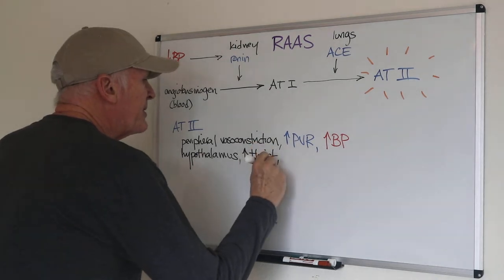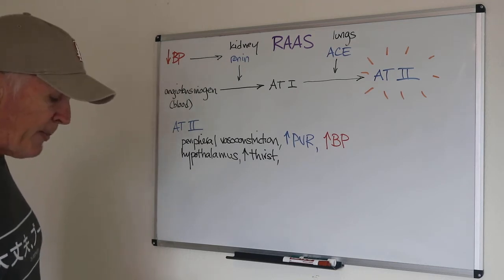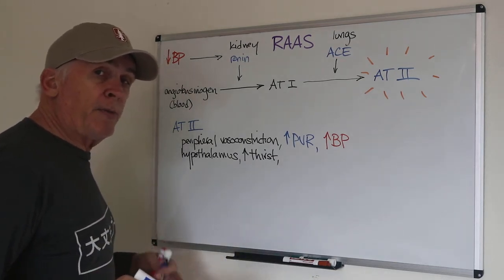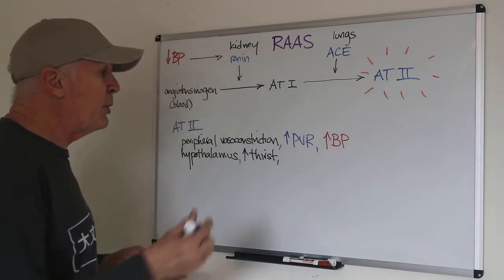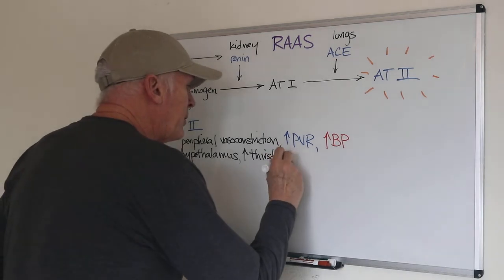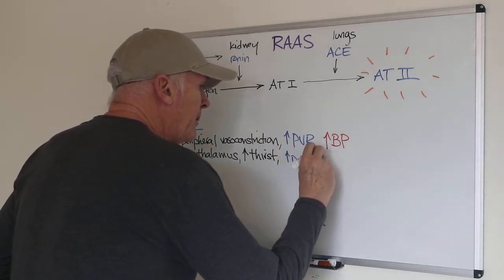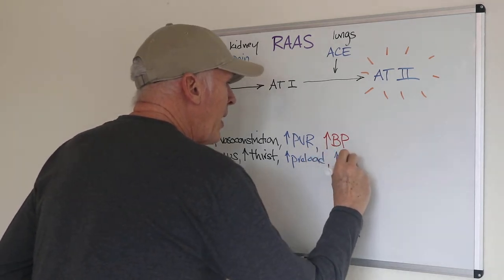What do you do when you're thirsty? Well, you drink fluids. What happens when you drink fluid? You're going to have more water in your body. If you have more water in your body, you're going to have more blood in your body. If you have more blood in your body, you're going to increase preload, right? If you increase preload, you increase stroke volume.